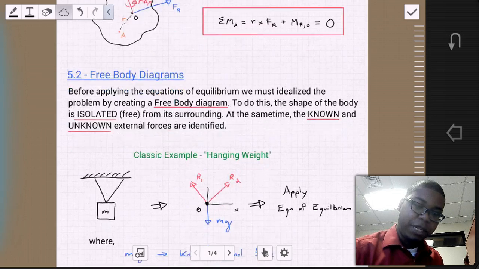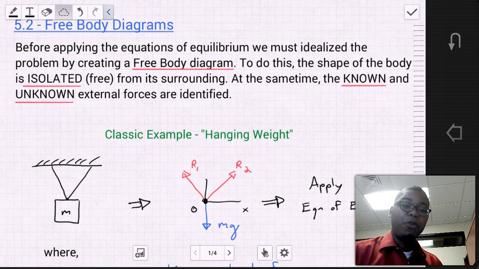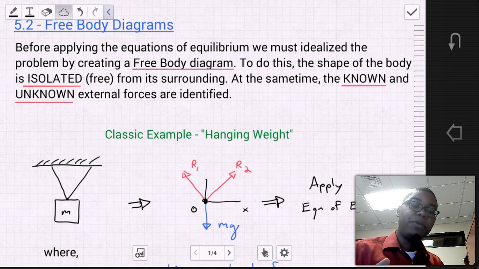It states here, before applying the equations of equilibrium, we must idealize the problem by creating a free body diagram. To do this, the shape of the body is isolated, i.e. freed from its surroundings. At the same time, the known and unknown external forces are identified.